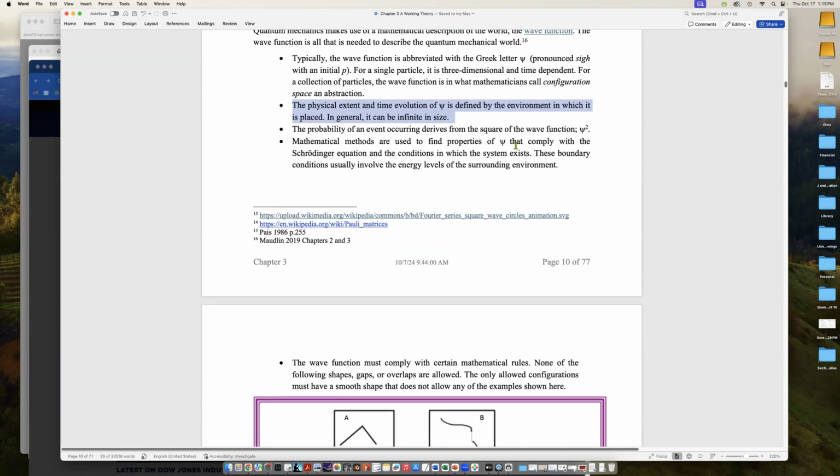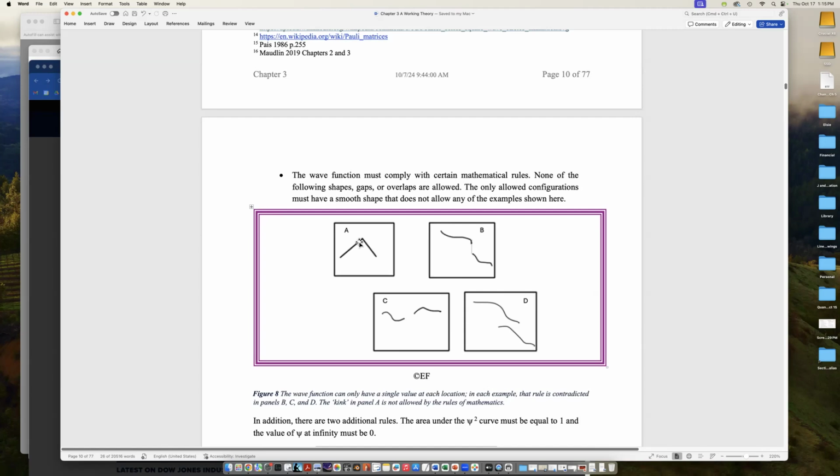But what's critical is it can't do these kinds of things. From a mathematical point of view, a wave function doing something like this is unacceptable. This sharp point here is not compatible with the properties of the Schrodinger equation.